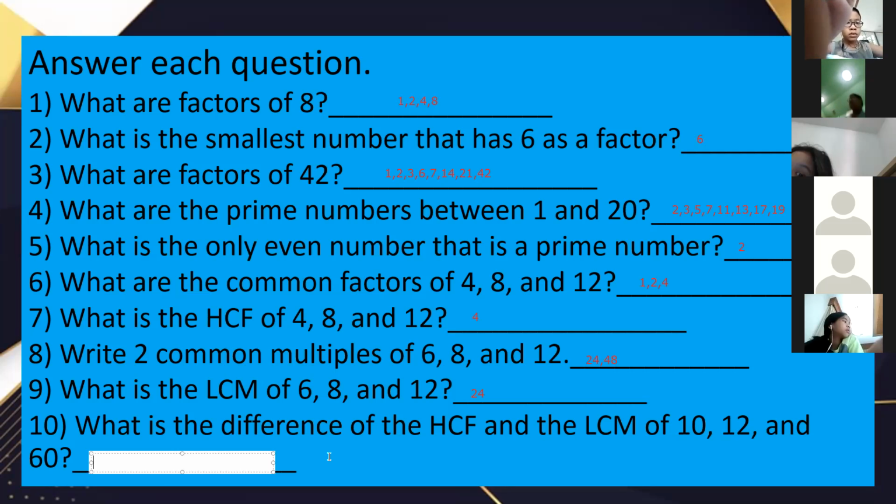How about number 10? What is the difference of the HCF and the LCM of 10, 12, and 60?